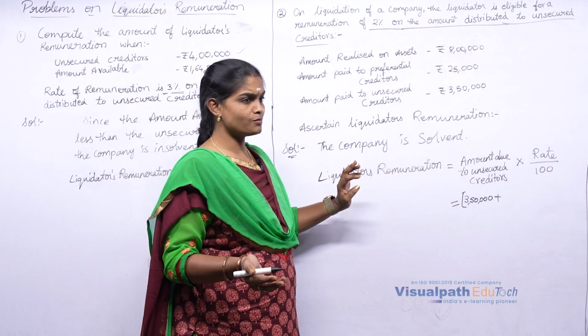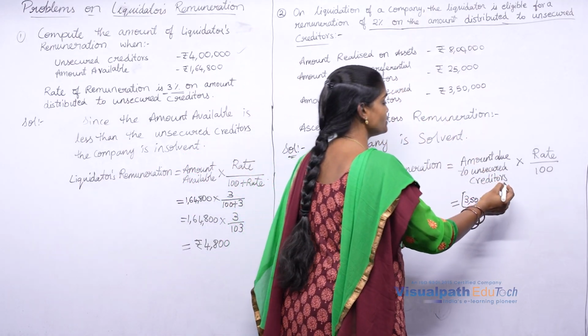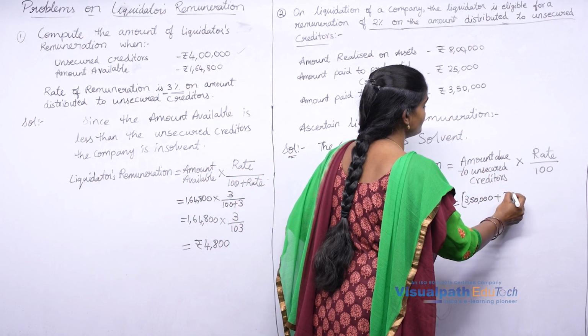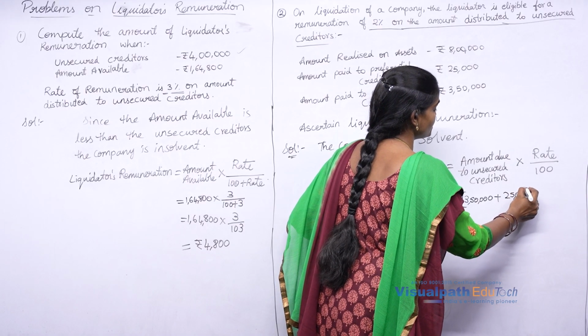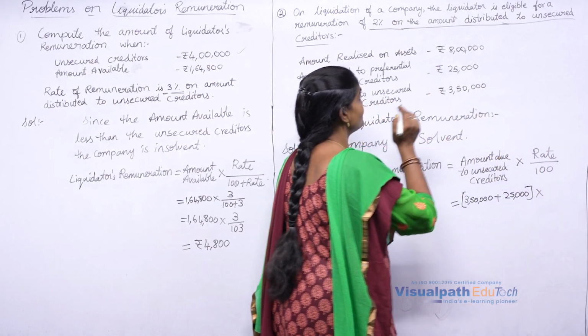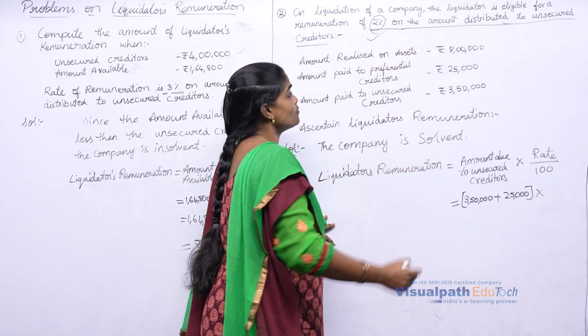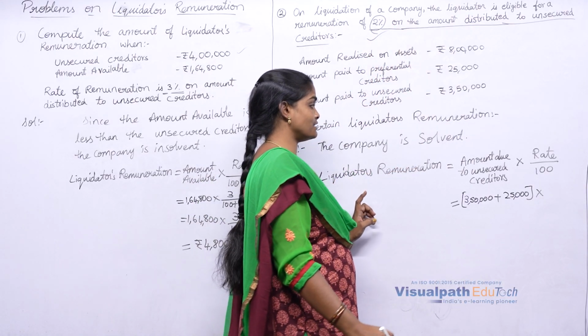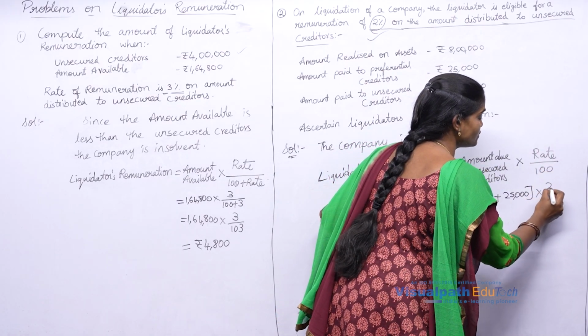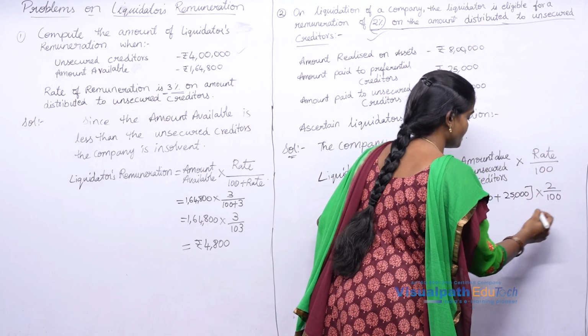As of now, no information is given, so include the preferential creditors also in this. So 25,000 into rate. Here the remuneration is 2% on the amount distributed to unsecured creditors, so the rate is 2%, that is 2 by 100.